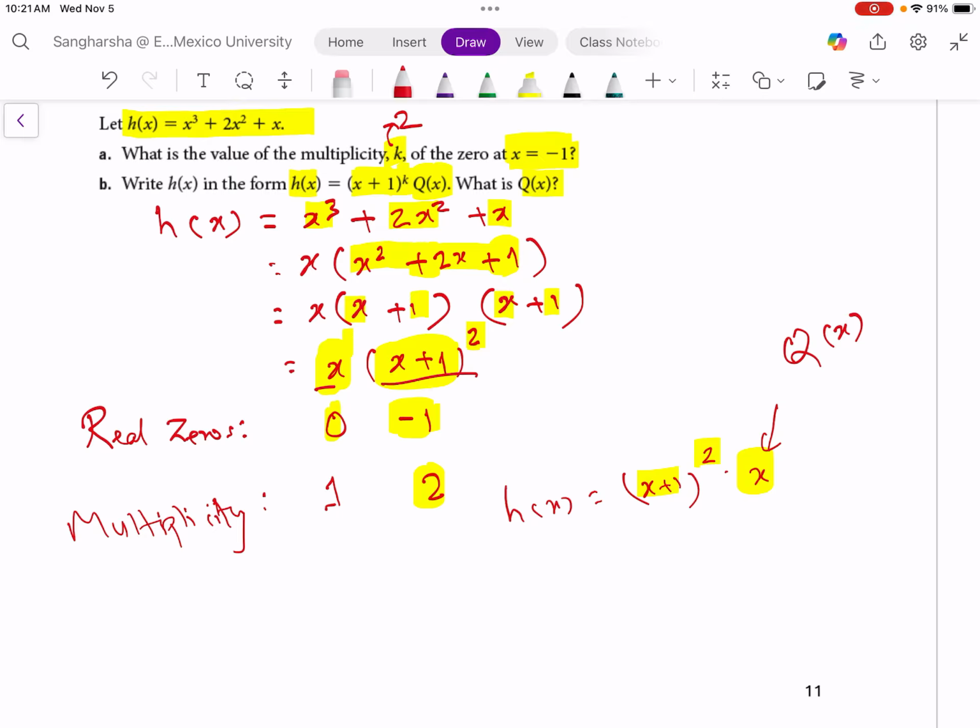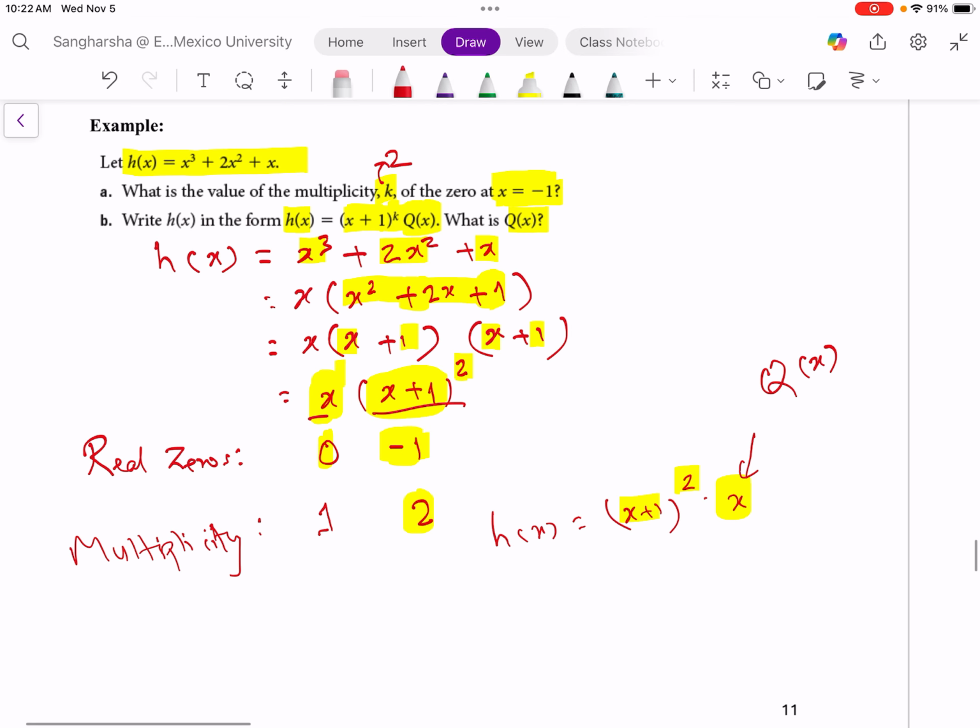We are comparing our h of x with this given form. For x plus 1, we have x plus 1. For k, we have 2. For q of x, we have x. Any question on this part?